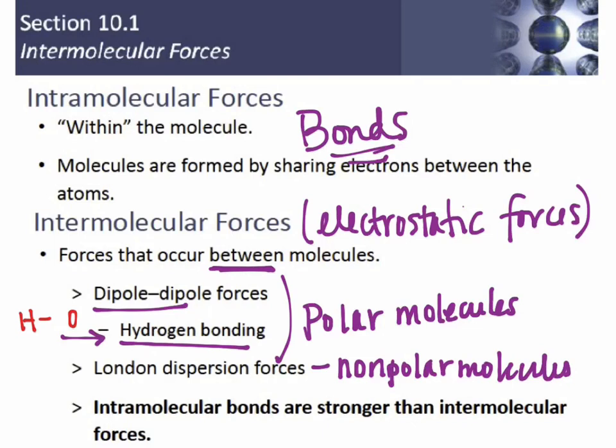No, that's double triple bonds. No. It is H and N, O, or F. So HNOF. Those are the only ones that will have hydrogen bonding. If you have hydrogen there with something else, then it is a dipole-dipole force.